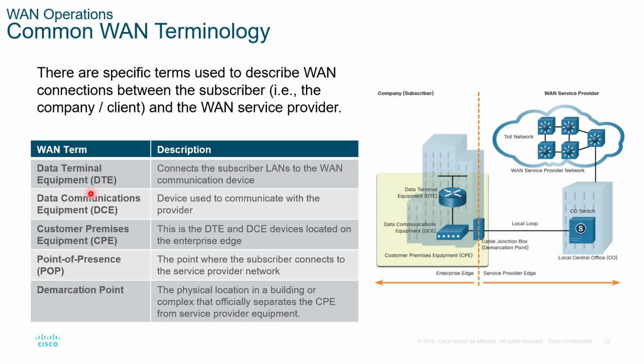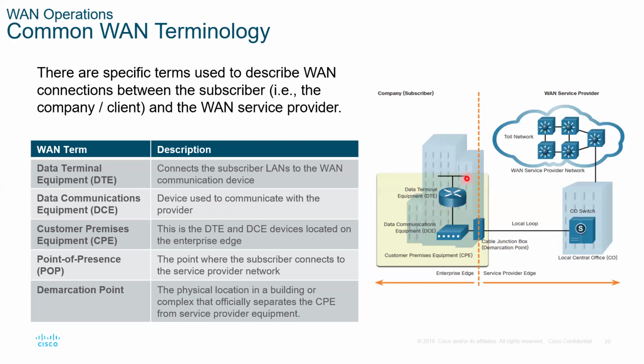Then we have our DCE, the device used to communicate with the provider. These are the devices that provide the physical connection to a network. For example, routers, those are your DCEs. Your modems, those are your DCEs.